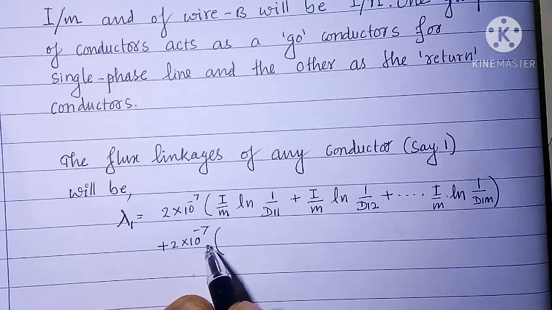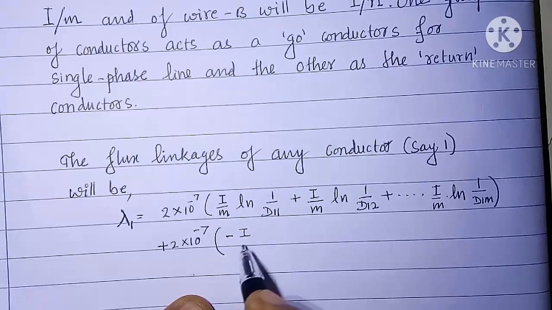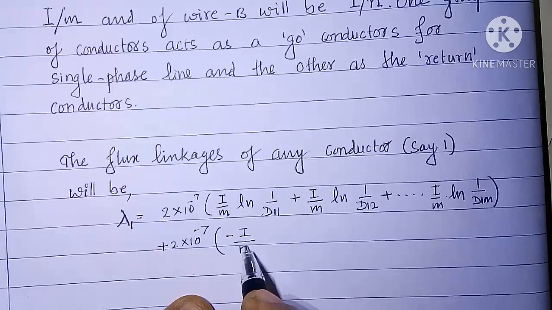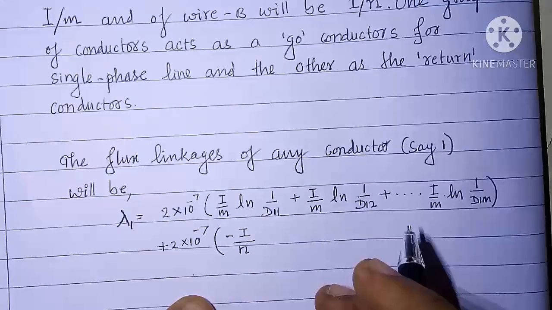So plus 2 into 10 raised to minus 7. Current flowing through wire B is minus I upon N because directions are opposite.